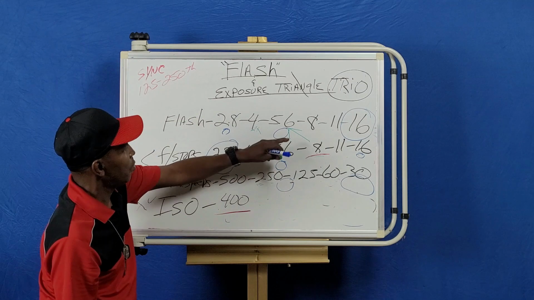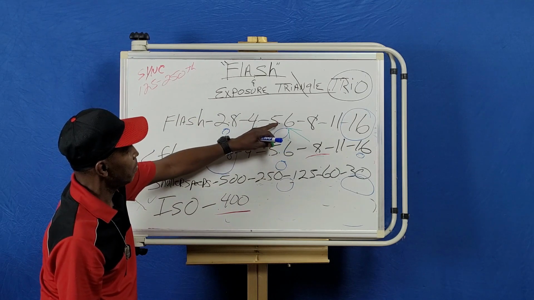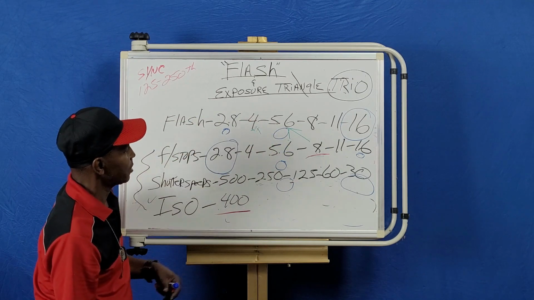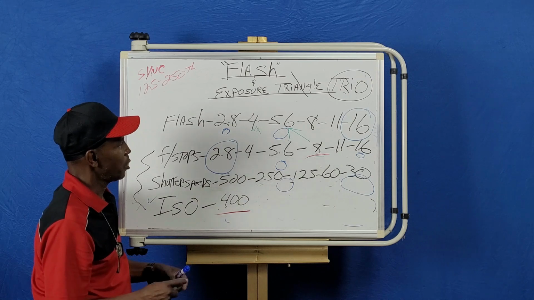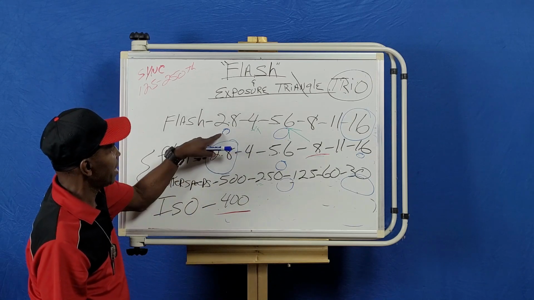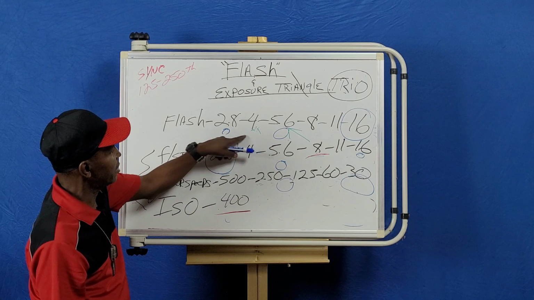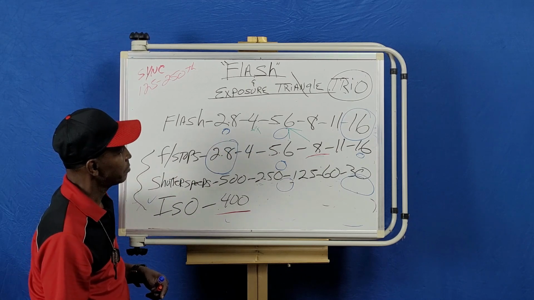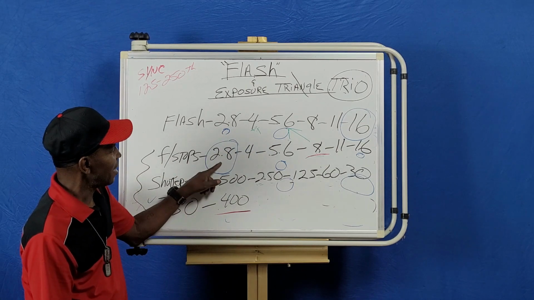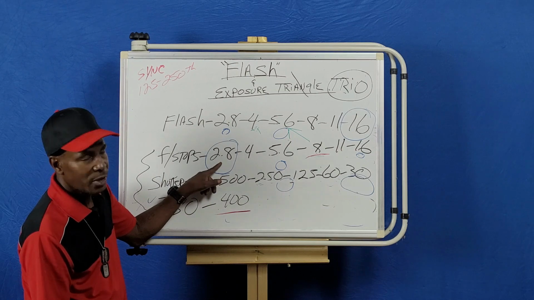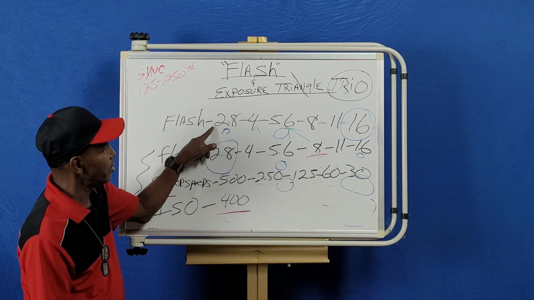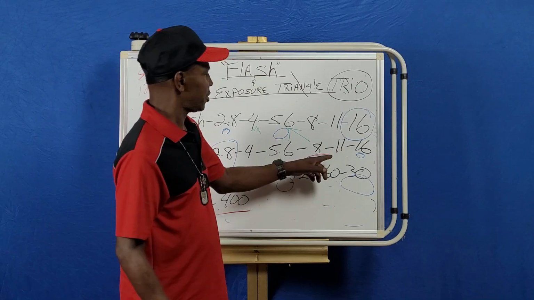So now you would go 1 f-stop, 2 f-stops, and you would get even less light. So remember down here, the smaller the number, the less light it receives. So if you have a lot of light at 2.8 on your f-stop, you don't need a lot of light on your flash.